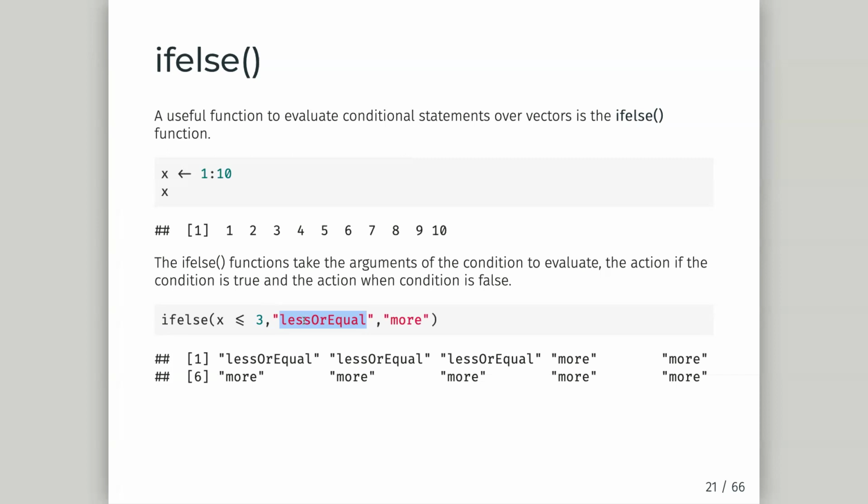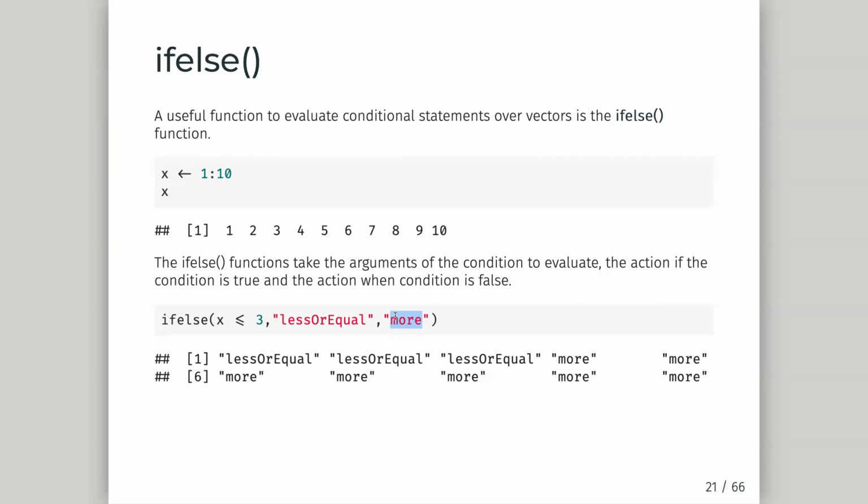If it evaluates to be false, it will return the second result. So we have a vector here 1 to 10. I'm going to give it the conditional ifelse x is less than or equal to 3, "less or equal", or "more". And then we can see it returns a vector: less or equal, less or equal, less or equal. And then by that point, we're no longer satisfying that logical, so "more".